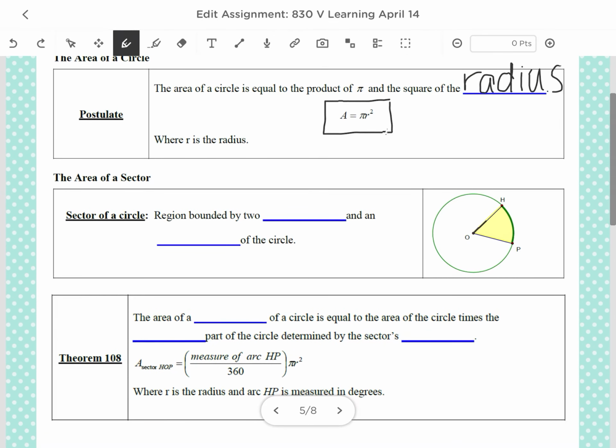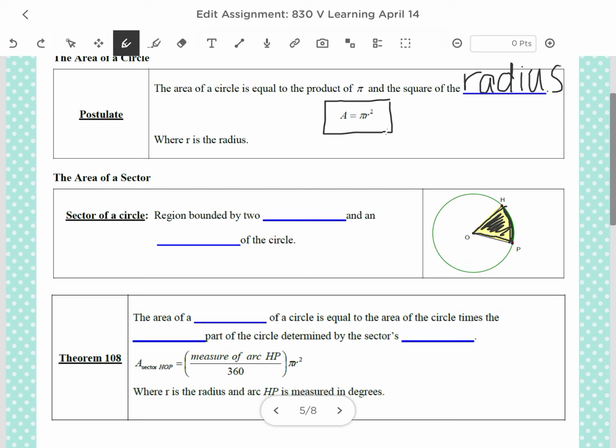So a sector is, if you think about it, just kind of like a wedge or a piece of the circle. If you think about a circle being like a pizza, then you have one specific part here that we're trying to find the area of. So think about it as trying to find the area of a slice of pizza.